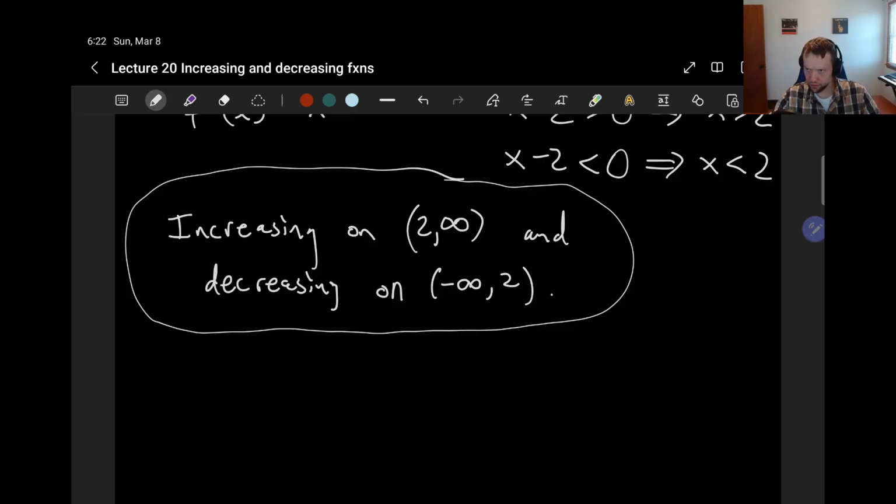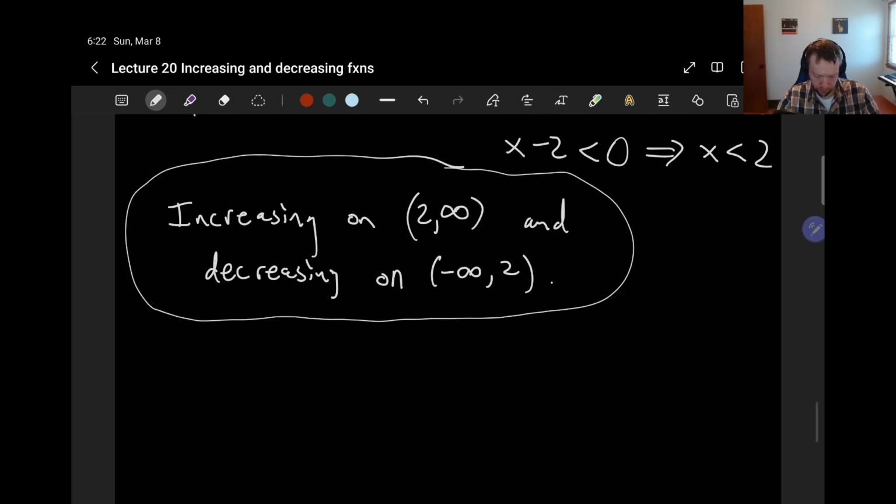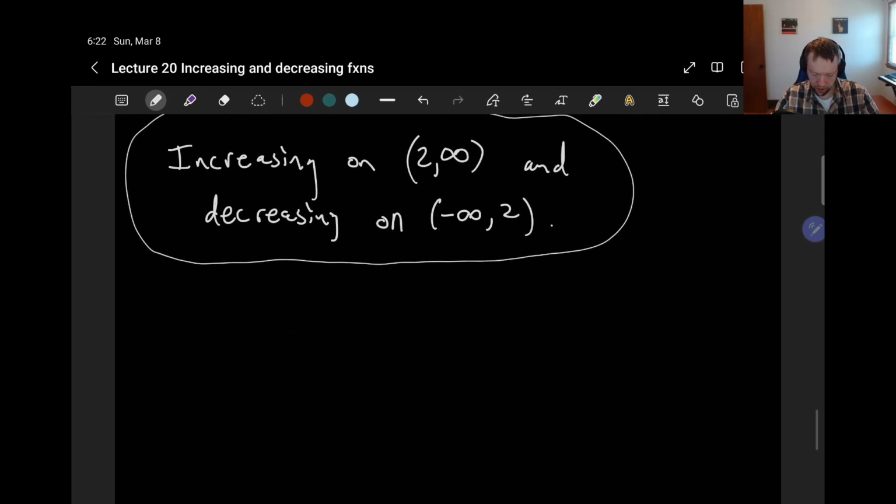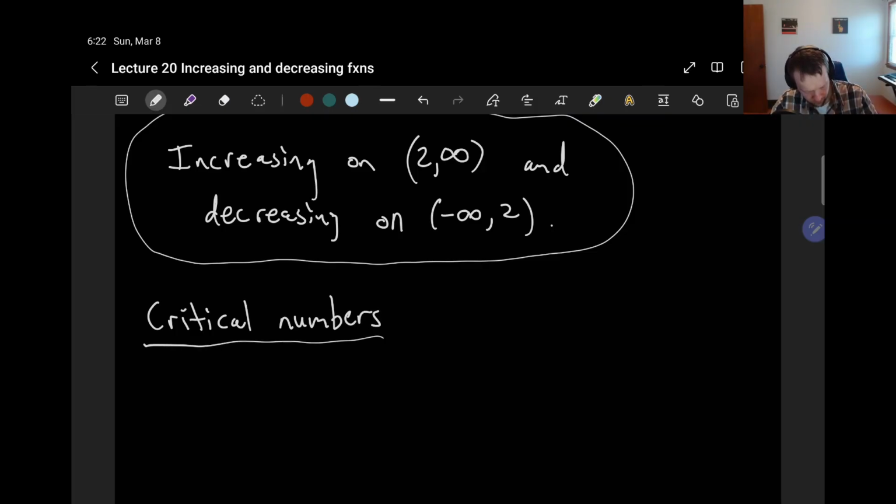Now let's talk critical numbers really quick, because sometimes we deal with situations that are much more difficult than what we just saw. Critical numbers will help us sort this out. Critical numbers are numbers, go figure.